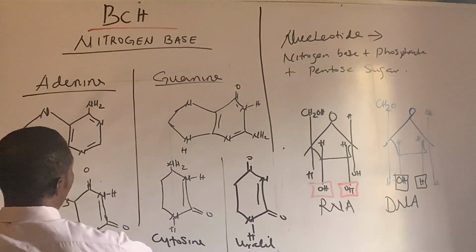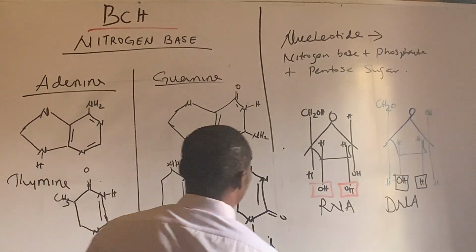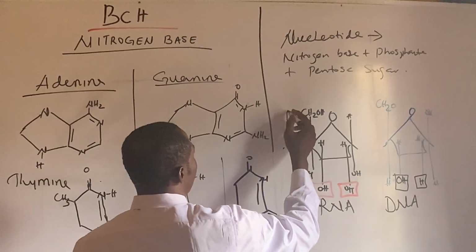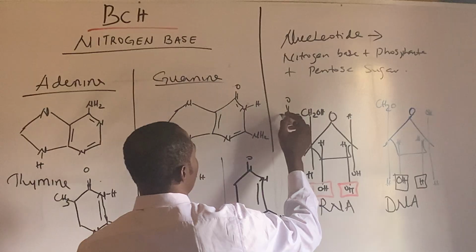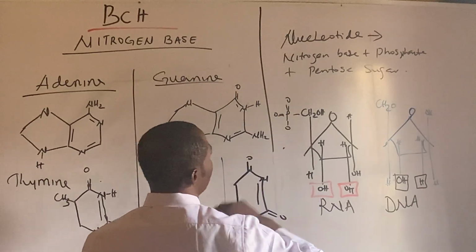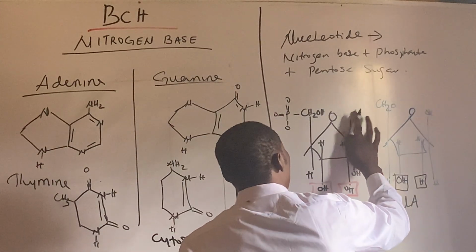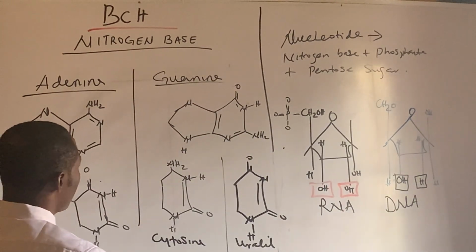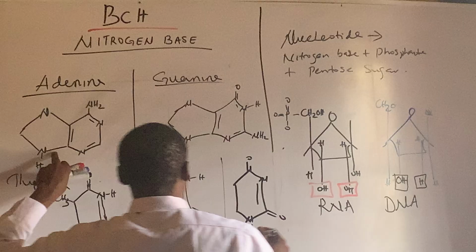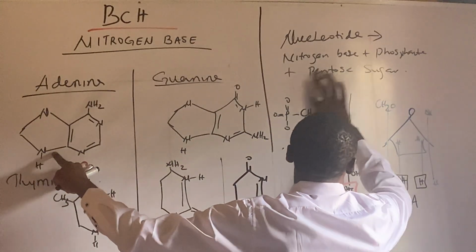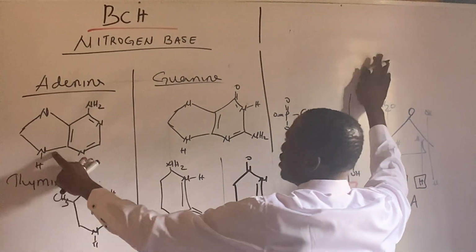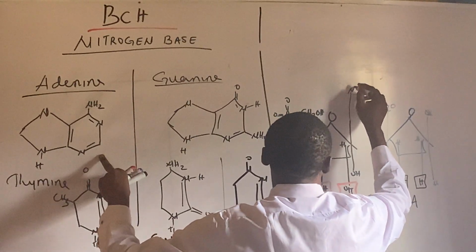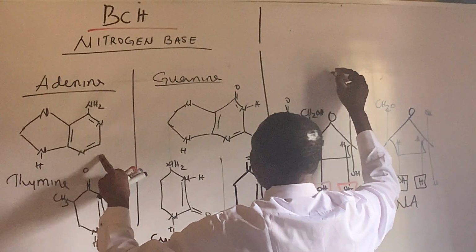Now, let's just use the structure. If I add a phosphate group here, all right, and then I decide to pick any one of these, let's pick this. And then I decide to add it. Let's draw the structure of this one. We might not draw the structure of the next one.